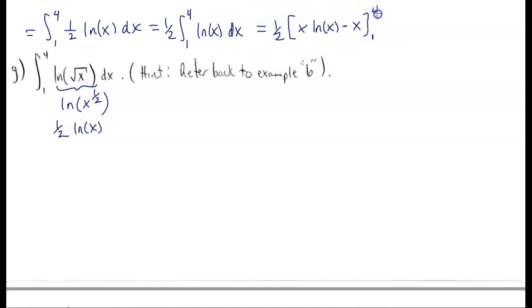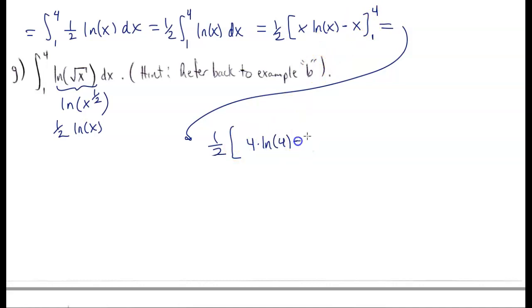We're going to use the net change theorem from Cal A and evaluate the antiderivative of natural log of x, which is x times natural log of x minus x, from 1 to 4. I'll come down here and do that. So we'll have 1/2, and then we'll plug in 4 everywhere we see x.